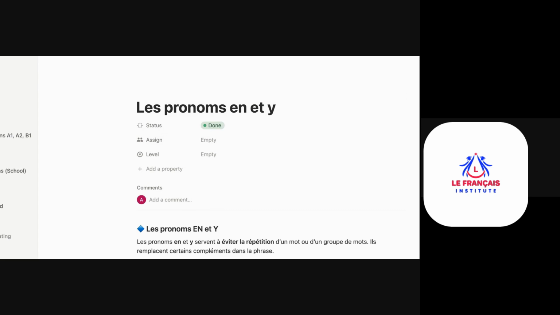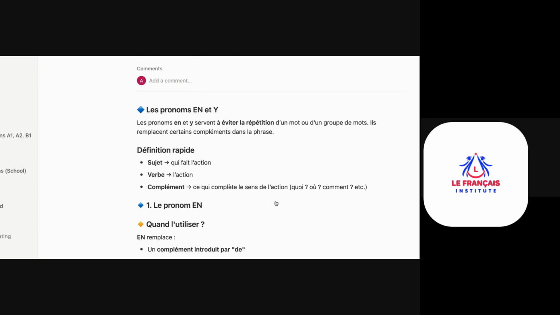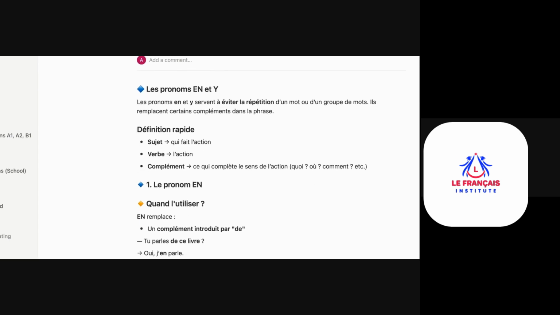I have one stupid doubt. Let's say the sentence is replaced with en, and there's no other sentence which can replace the same reframed sentence en by y, right? If we say, okay, Paris is a beautiful city. Is Paris a beautiful city?